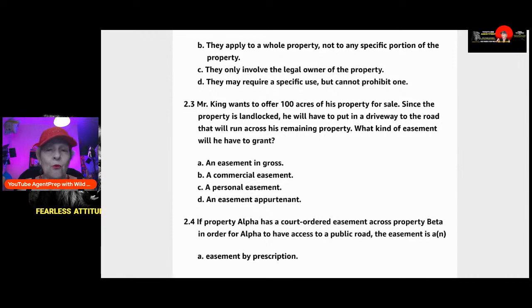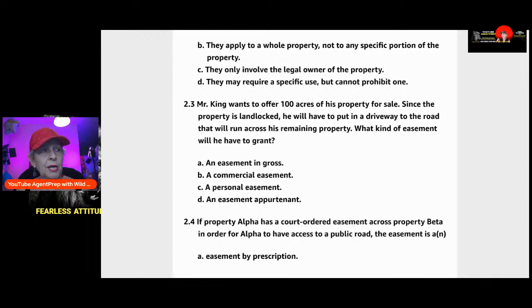So somebody owned hundreds and hundreds of acres, and then they started to sell portions of it. Well, there was only one road to begin with. So how is everybody else going to access the land that they just purchased from this owner that had thousands or hundreds of acres? They have to install an access to that land, and it becomes a permanent easement that goes with the land.